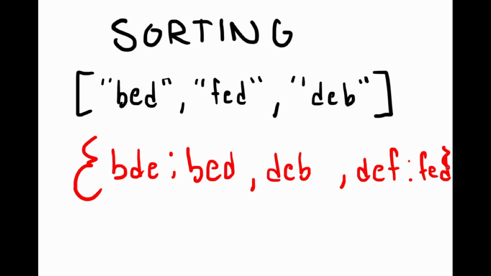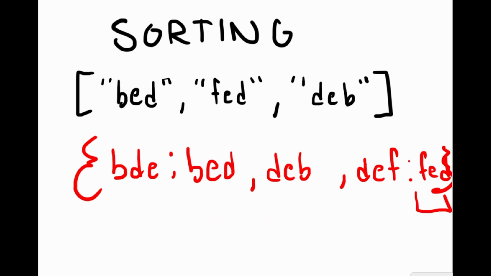Once we get these values, we're just going to return the values of whatever is in this dictionary, because we don't really need the sorted versions.